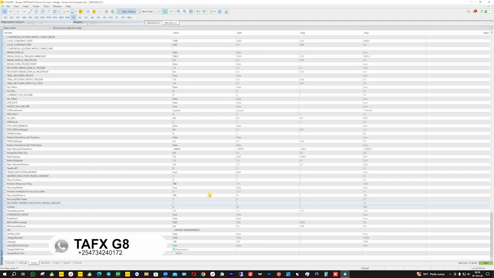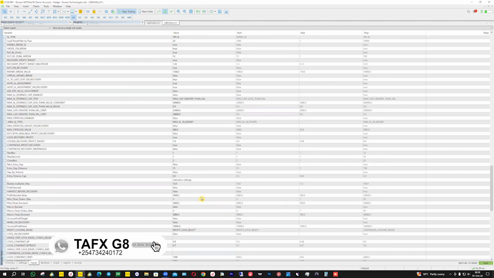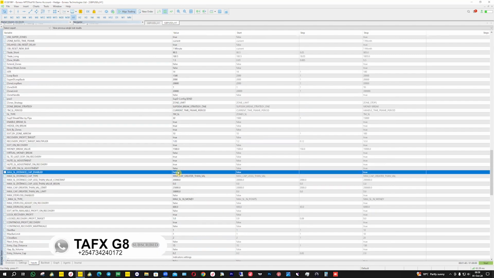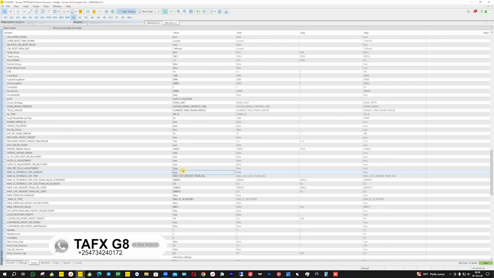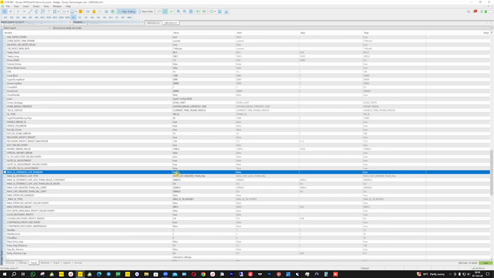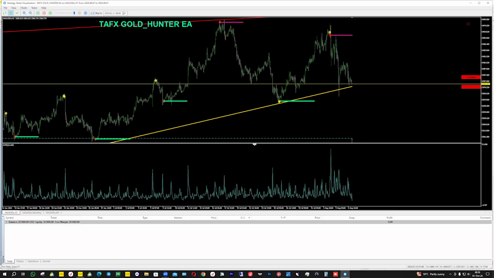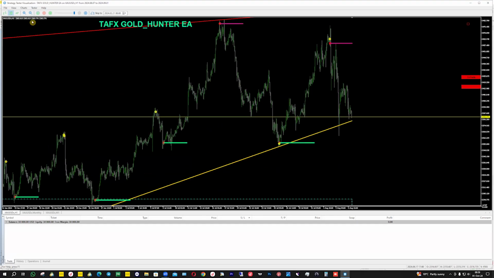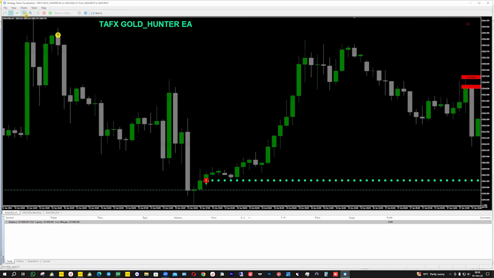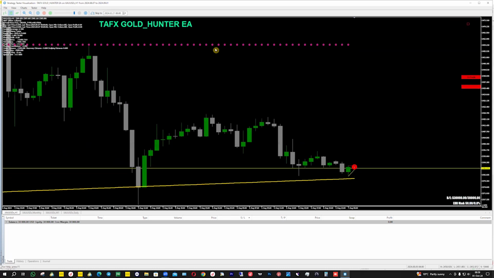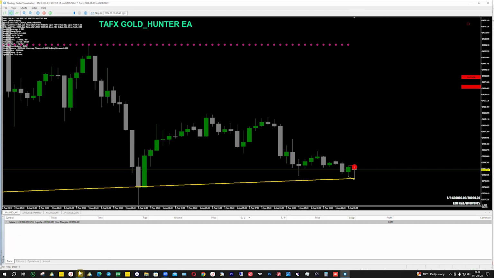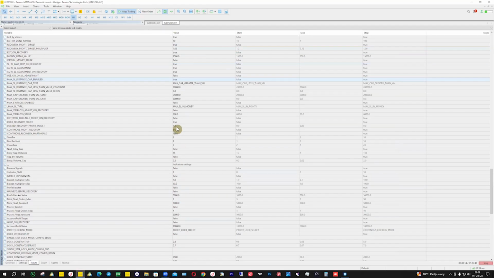So let's go back and activate. Don't forget, we deactivated this one, and see if the behaviors are the same. Now the behaviors: we have activated the EA to start the trades or the grids after breaking the internal structure. So don't forget about activating or deactivating the max cap here. It's very important to know the reason.